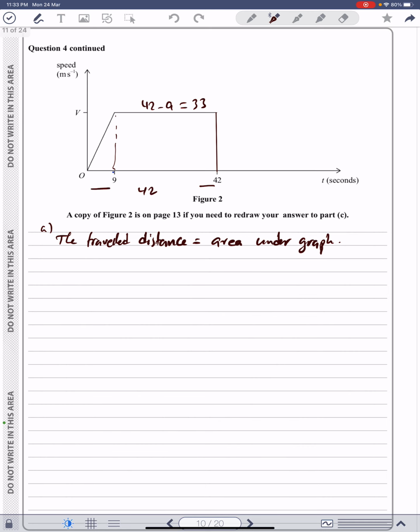So the area under the graph, which is half times the sum of the bases, 42 plus 33, times V, so it's V over 2 times 75, is equal to 120. Simple part, this one. So this will give V times 75 is equal to 240. V equals 240 divided by 75, which is 3.2 meters per second.